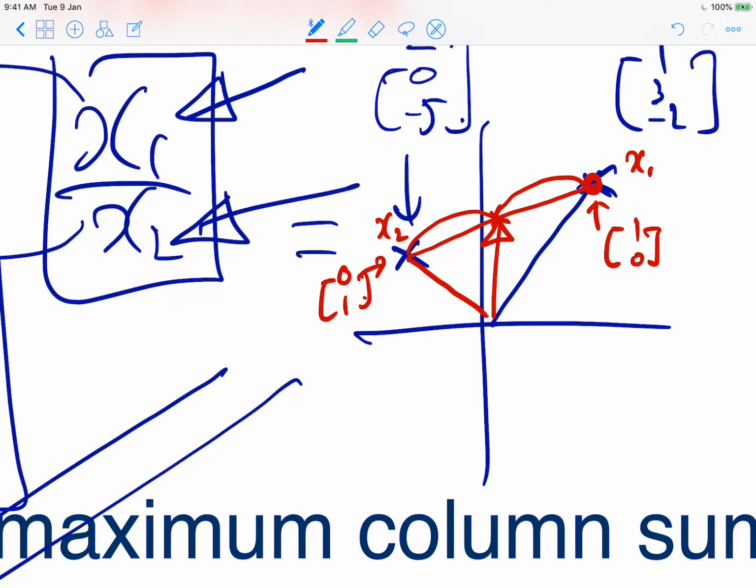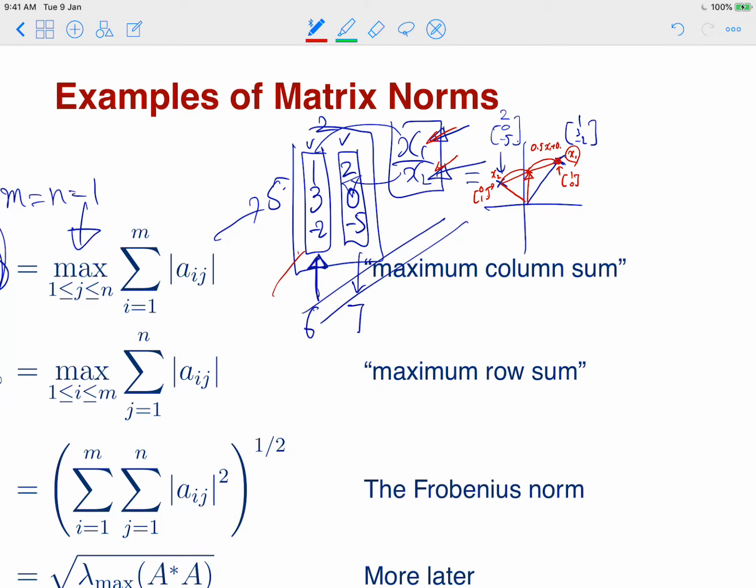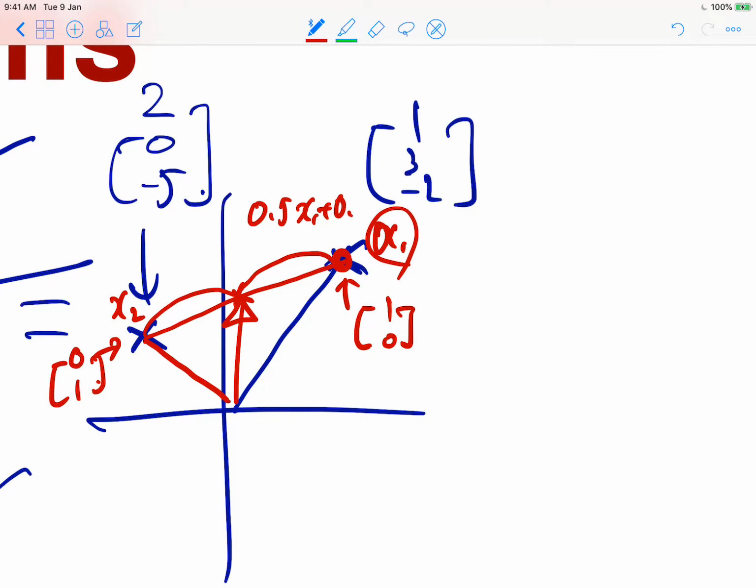It will be like 0.5 x1 plus, so this x1 and x2 is not a coefficient, right? So let's call this a1 and a2, and this guy is a1 and a2, okay? And then this point will be just 0.5 times a1 and 0.5 times a2, right?